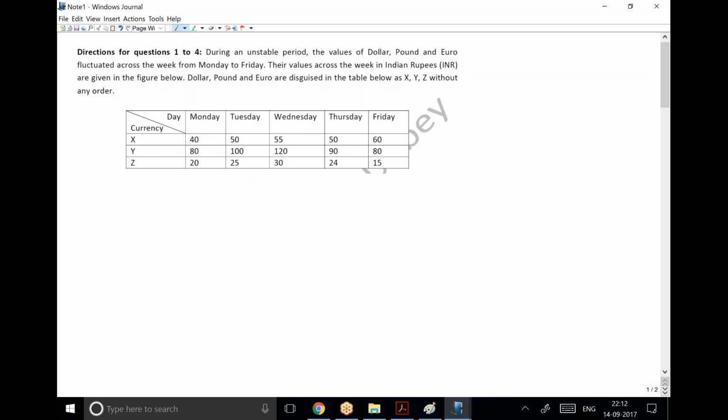So what exactly he has done: he has taken a 3,60,000 amount, invested in one particular currency, and converted back into INR on Tuesday. If he is investing 3,60,000, ultimately this currency will increase by 25%. So 3,60,000 increased by 25% will become 4,50,000.